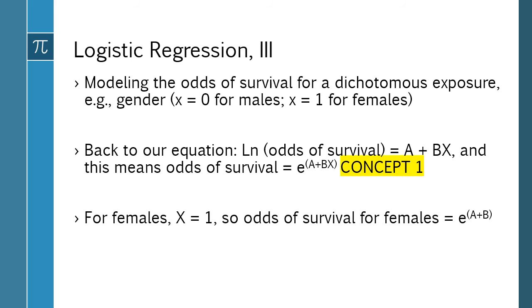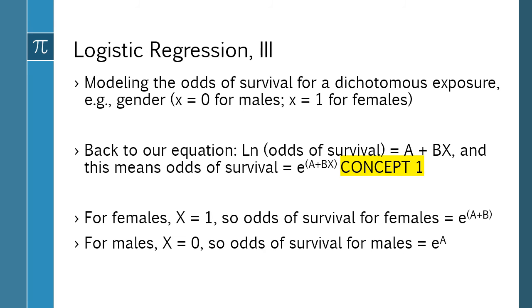So the odds of survival among females is e raised to the power a plus b times 1, which is e raised to the power a plus b. For males, x equals 0. So the odds of survival for males equals e raised to the power a plus b times 0, which is e raised to the power a.